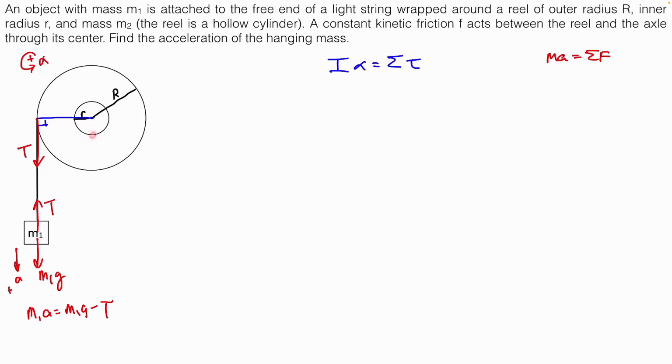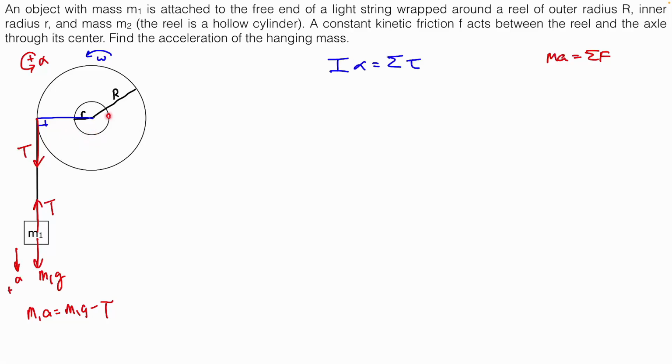Because, let's see, if I pick here and the whole reel is kind of going around this way, what direction would the kinetic friction be acting? Right or left? This would be against the direction it's going, right?